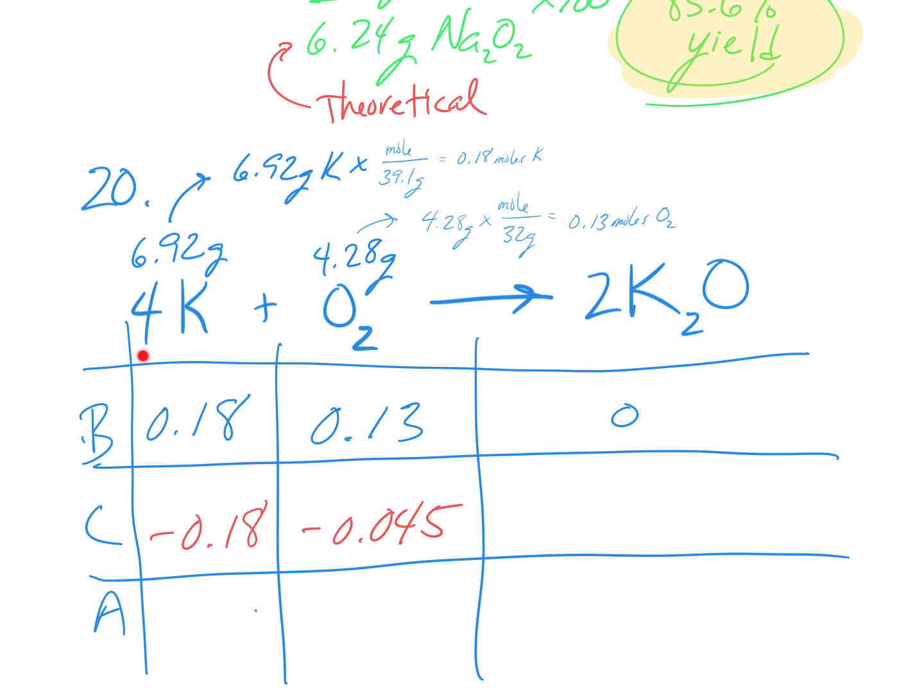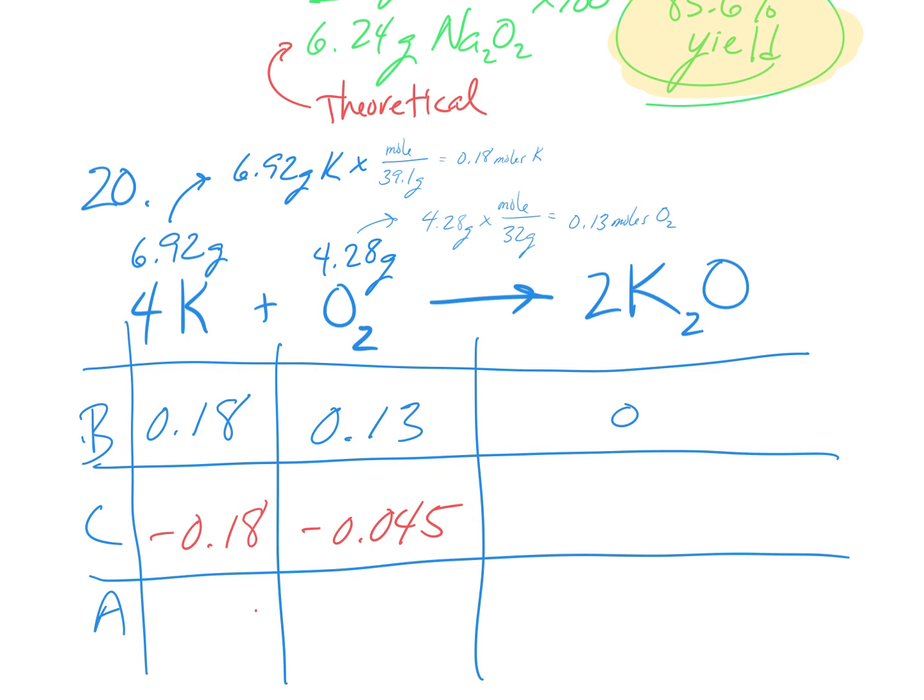For every 4 of these potassiums, I need only 1 oxygen. For whatever potassium I use, I need 1/4 that number of moles for oxygen. So if I'm going to use 0.18 moles of potassium, I'm going to use 0.18 divided by 4 to get this amount. That's the amount of oxygen that I'll use.